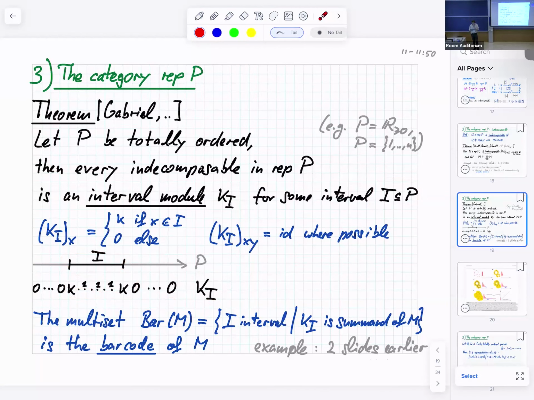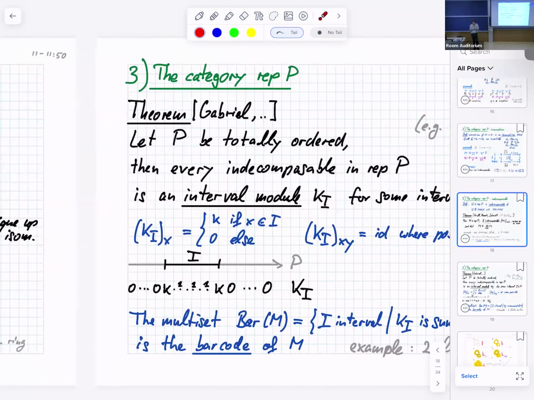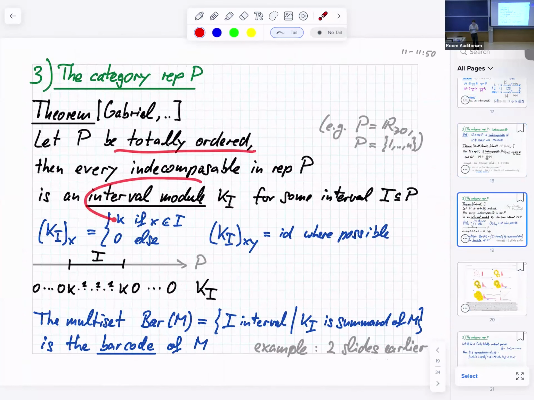And so our general theory tells us any module decomposes into a sum of indecomposables. When the poset is totally ordered, these indecomposables look like intervals. So every module decomposes into a direct sum of interval modules. Now I encode this set of intervals that appear in the direct sum decomposition of the module into a set, and this set is called the barcode of M. And we visualize it as some bars, some lengths of intervals.